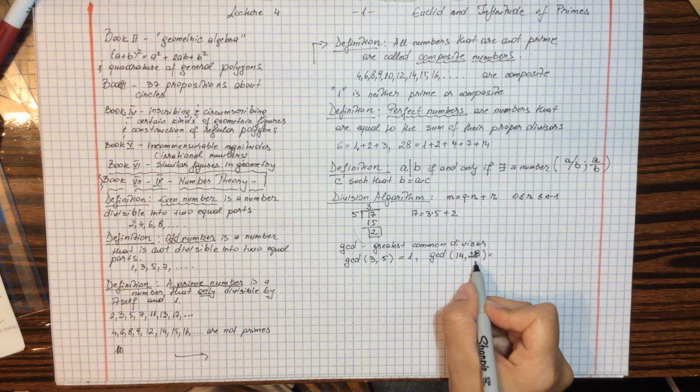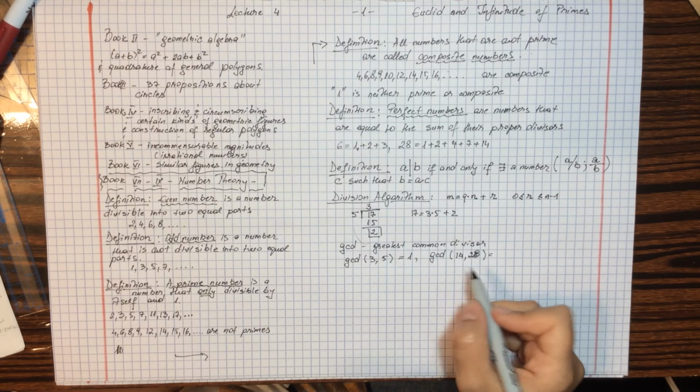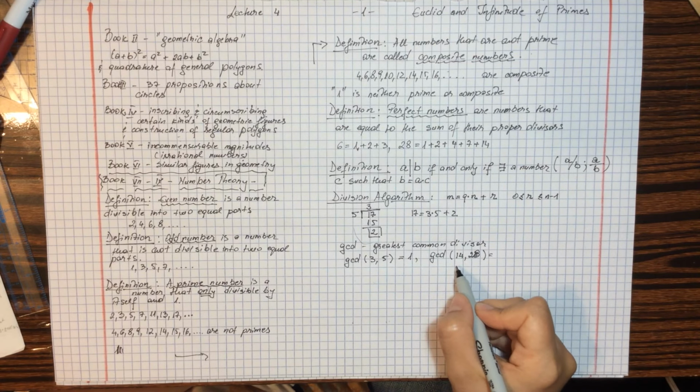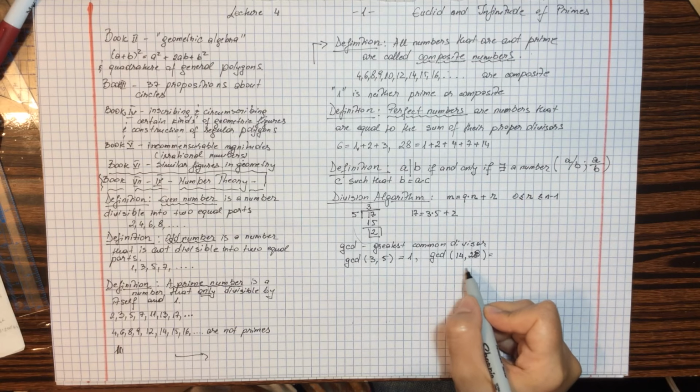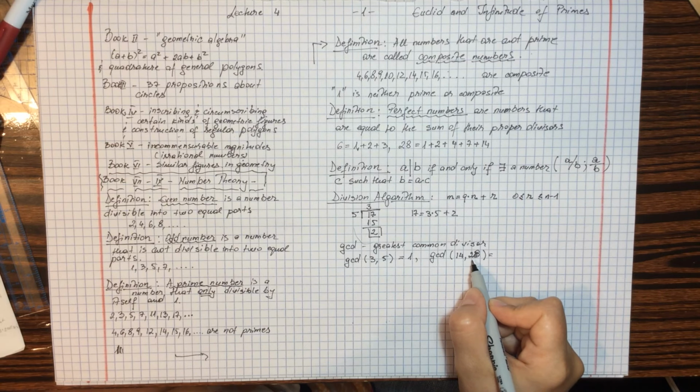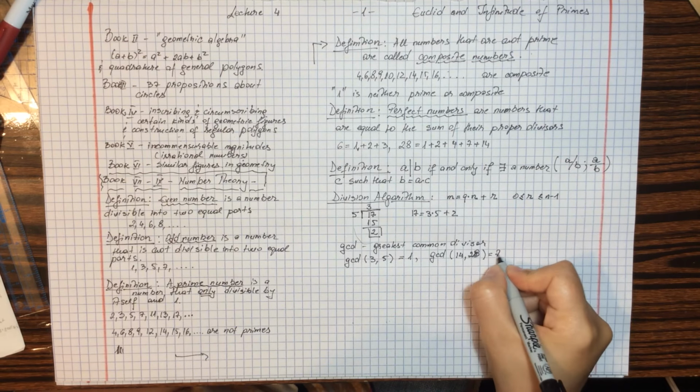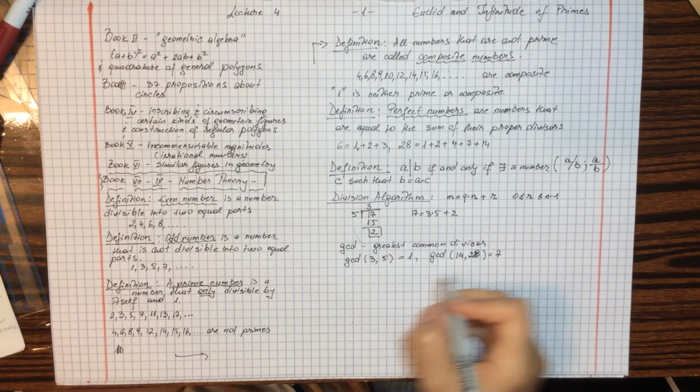Meaning, are 14 and 28 both divisible by 2? The answer is yes. But is that the largest common divisor? No. The largest common divisor would actually be 7.